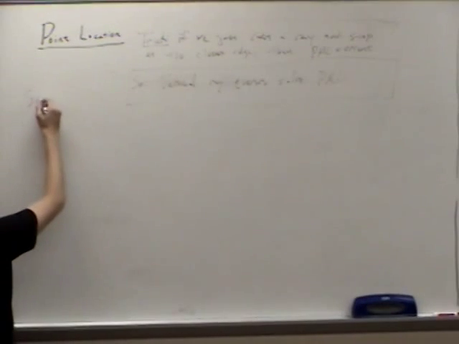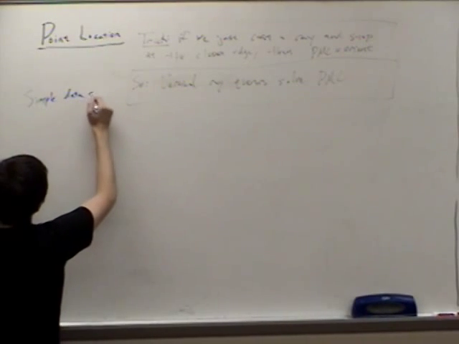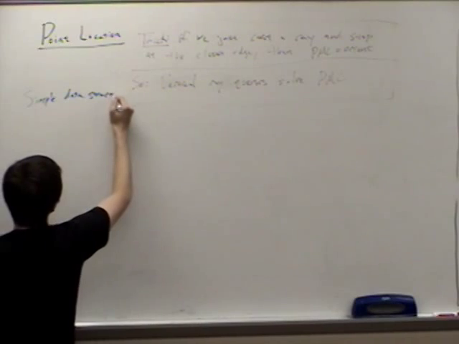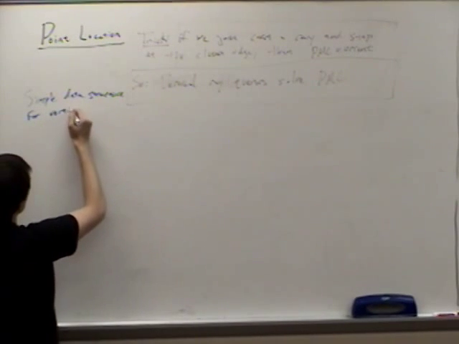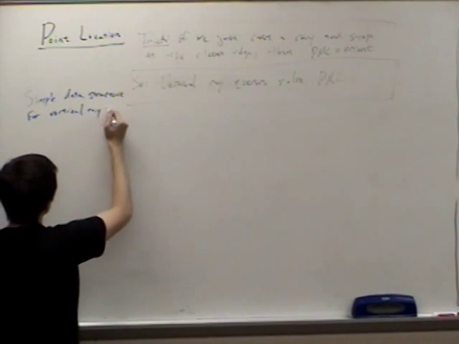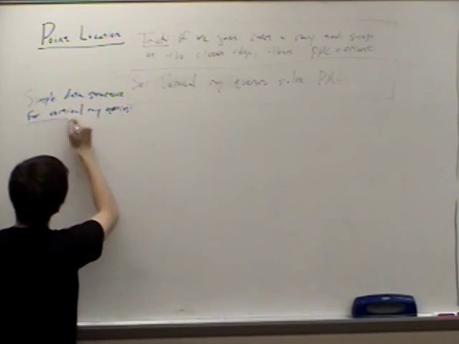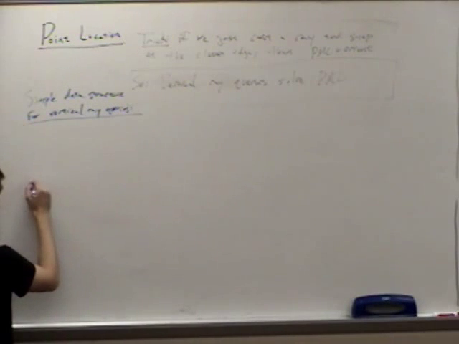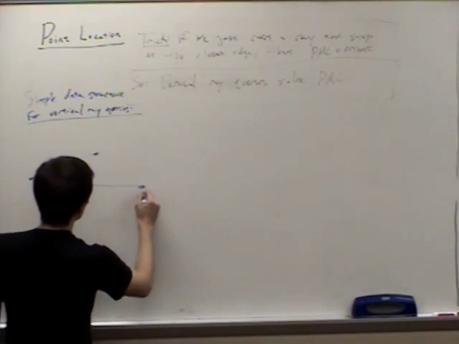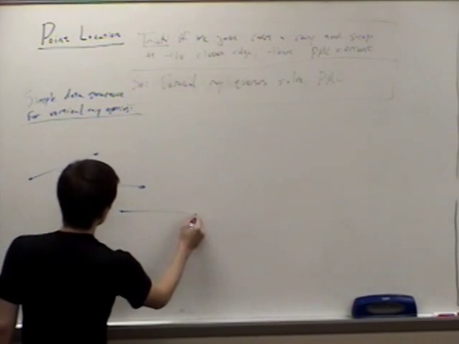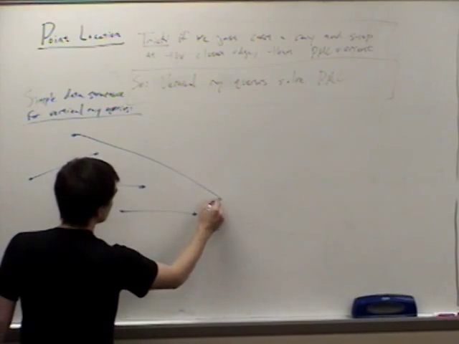So, a simple data structure for vertical ray queries. All right, so here's the concept. We're going to start with some collection of line segments here. They don't even have to form a polygon, because we're just going to do this vertical ray query.